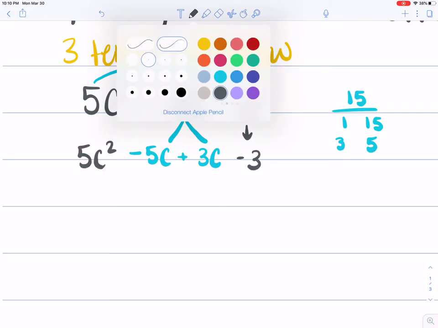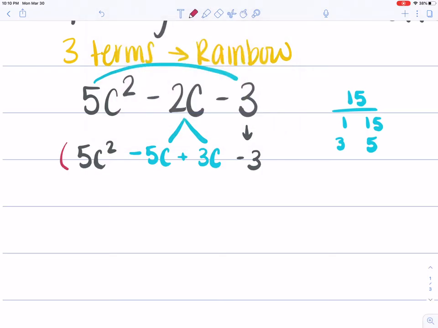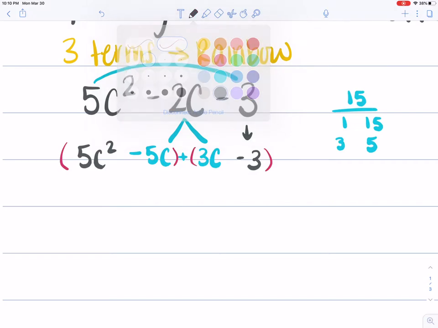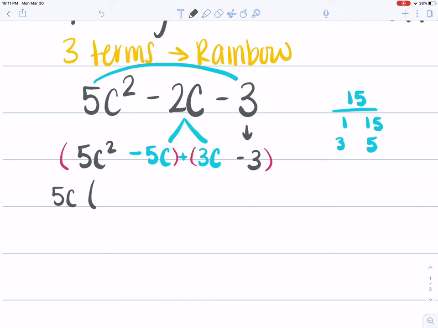Now, this is just a matter of factor by grouping. So I'm going to group up the first two, group up the second two. Well, the first two have a 5c in common, so I'll be left with c minus 1. Carry down my sign. The second two have a 3 in common, so I'll be left with c minus 1.